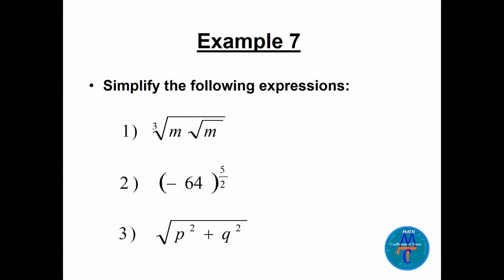Can we use property number 3 when we multiply the indices? Can we use that? No, because we should not have any m there, then we can use it. If there is no m here, we can multiply 3 times 2. Since we have an m, I will show you what to do.